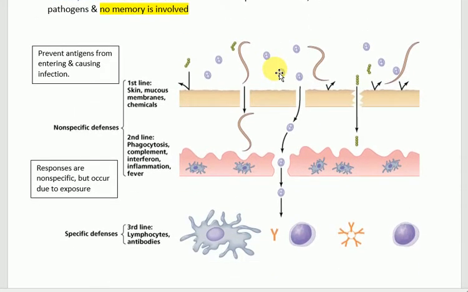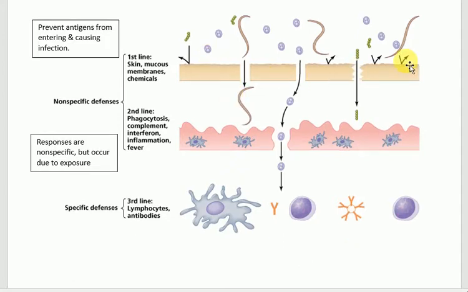So for instance, our skin. These are nonspecific defenses. Right here, skin, our mucous membranes, chemicals, etc. They basically decide what comes in and out, and they deter other things. Okay? That's the first line of defense. A second line of defense is phagocytosis.